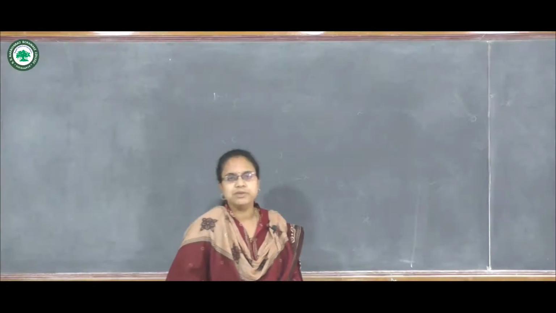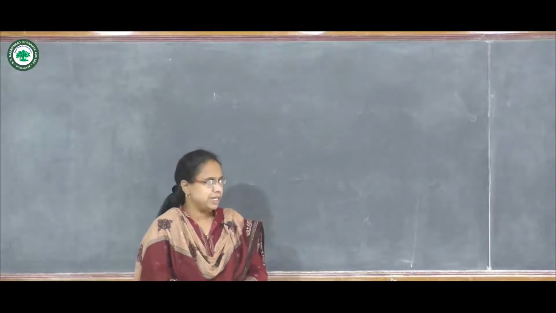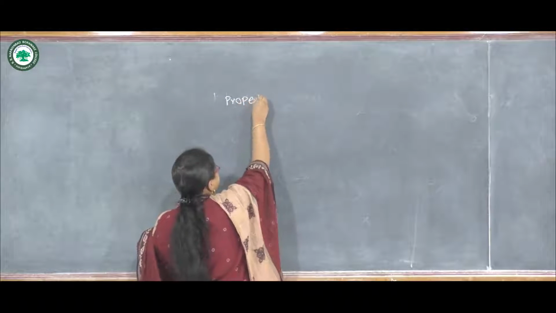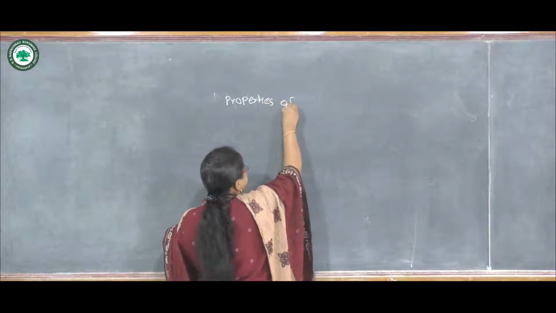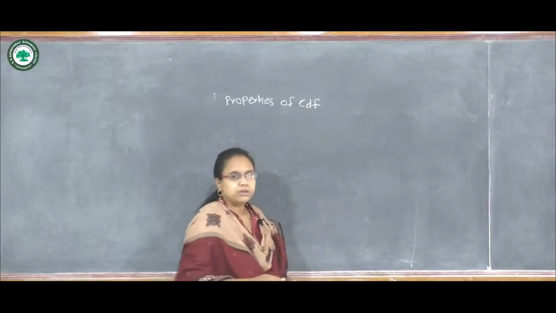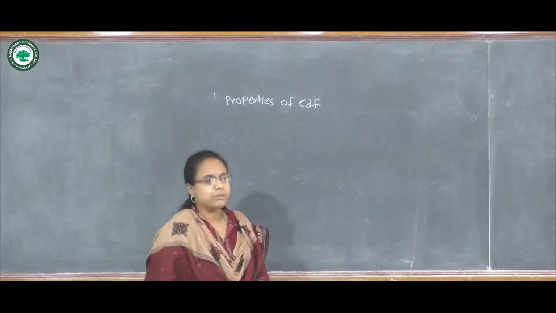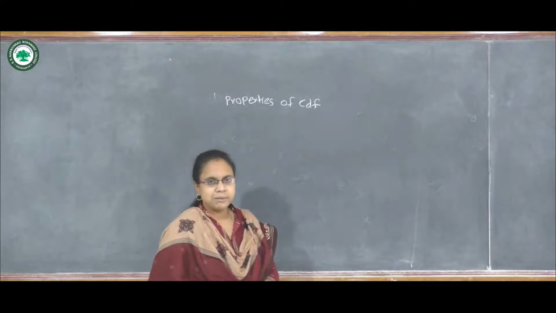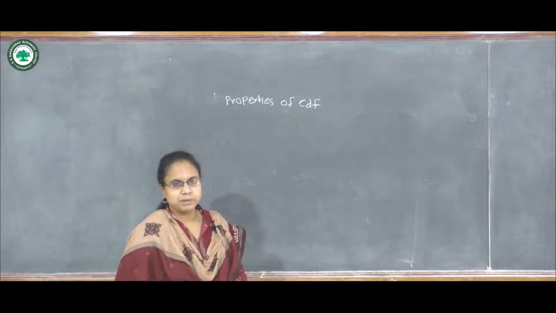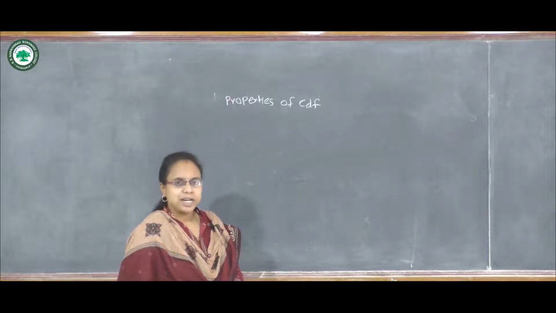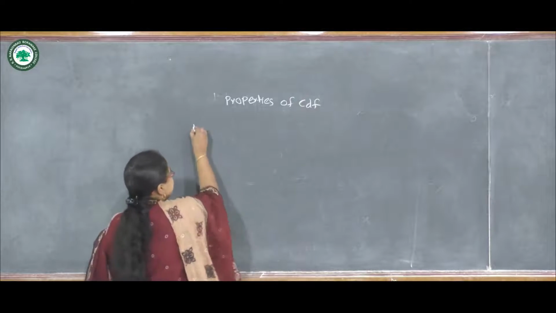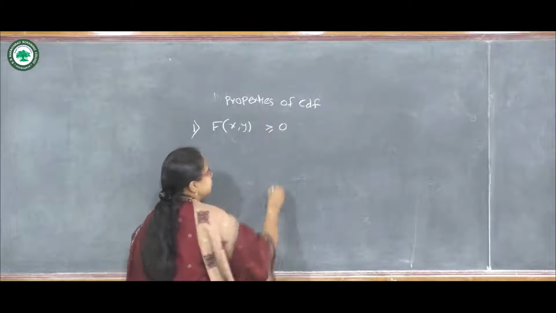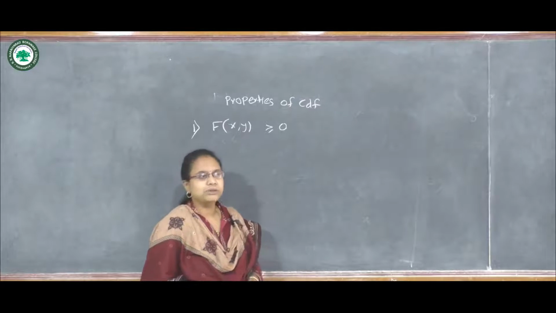The next point is we will study the properties of the CDF. We know the distribution function and its properties from the univariate continuous probability distribution. Those properties are the same here, but here we have a bivariate random variable X and Y. The first property is that the CDF should be non-negative, meaning it should be greater than or equal to 0.